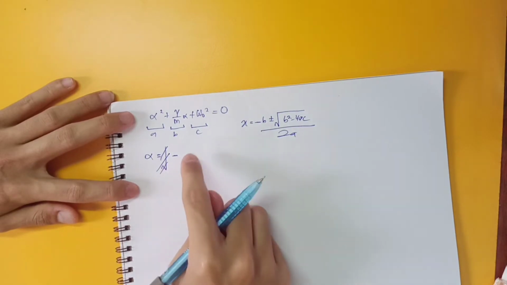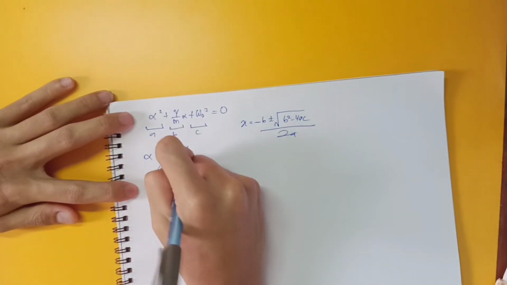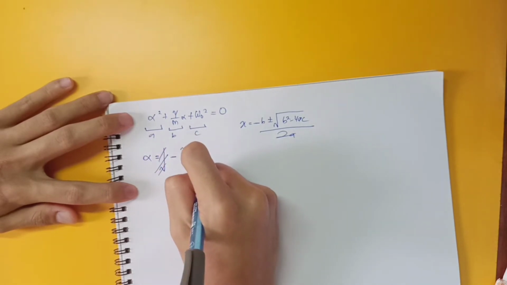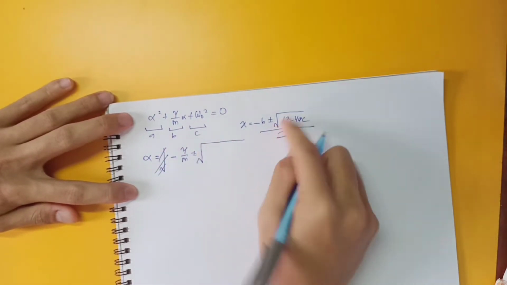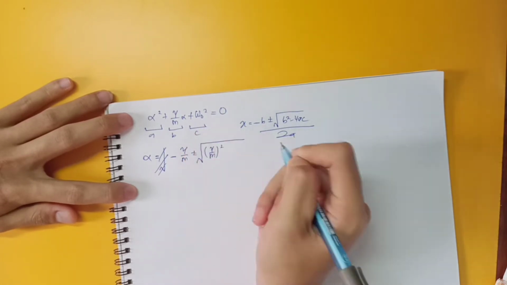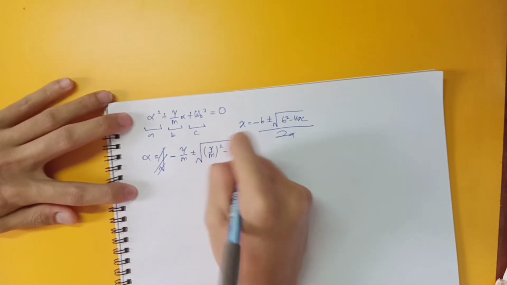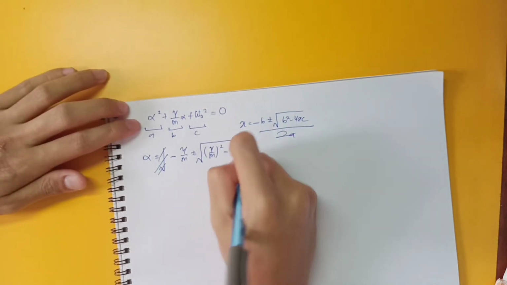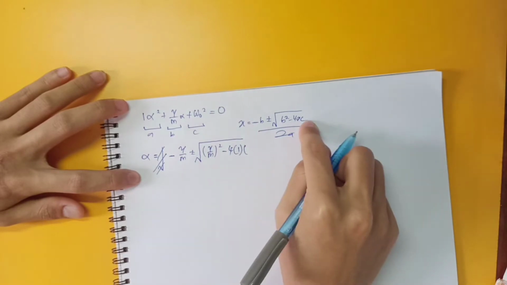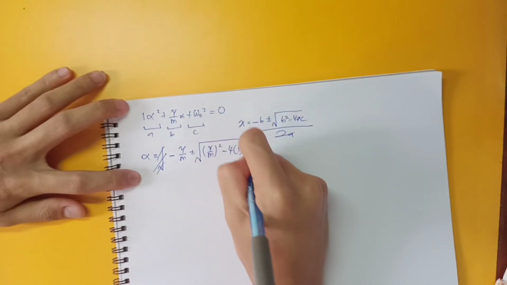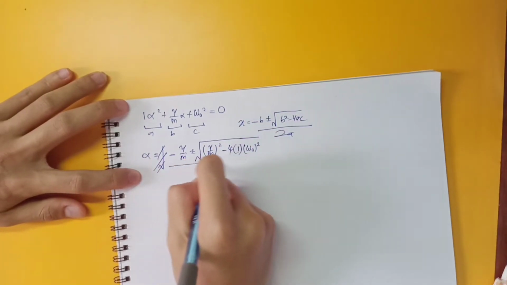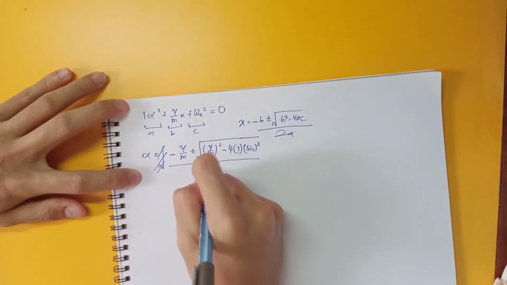Negative b is actually negative gamma over m, plus minus the square root of b squared, which is gamma over m squared, minus 4a, which is 1, times c, which is omega naught squared, over 2a, which is 2 times 1.